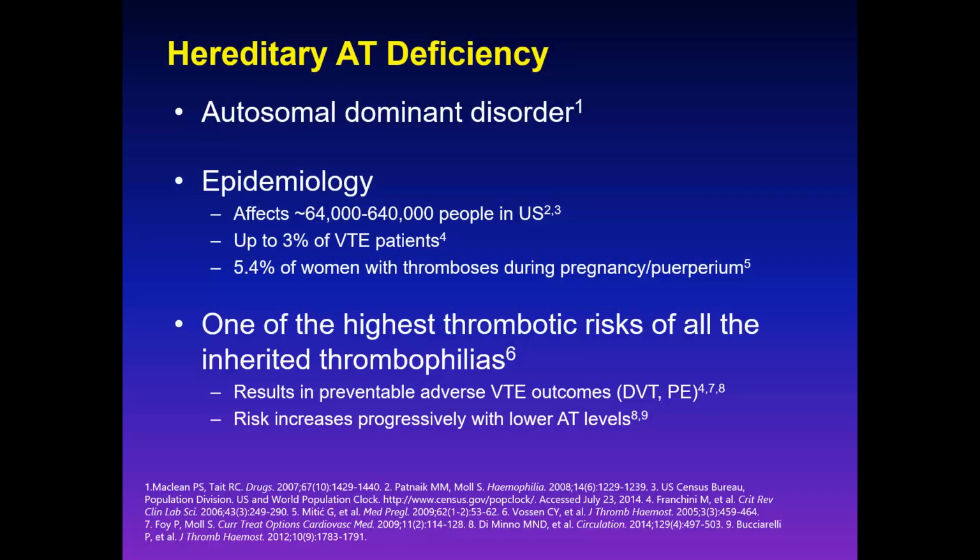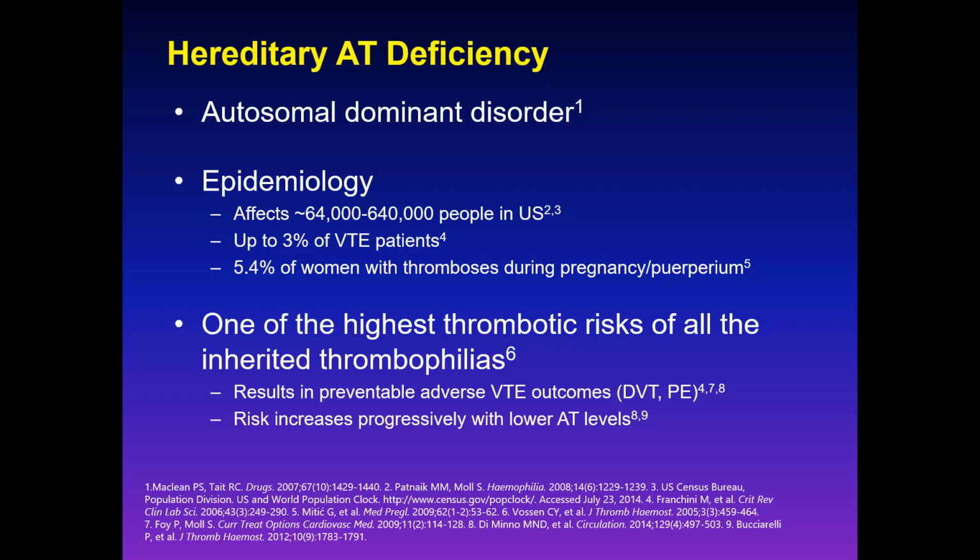So more specifically about hereditary antithrombin deficiency, we all know that it's an autosomal dominantly inherited disorder. Okay, so it tends not to skip generations. And honestly, I don't think we have a really good handle on the prevalence. Like how many people are really walking around with hereditary antithrombin deficiency?